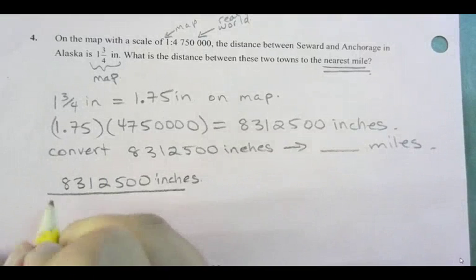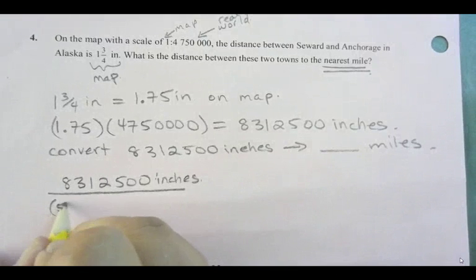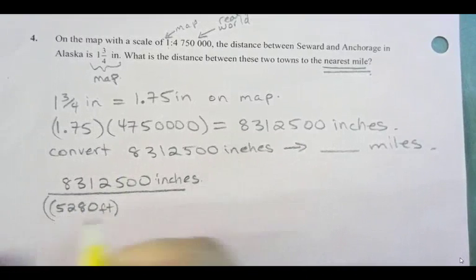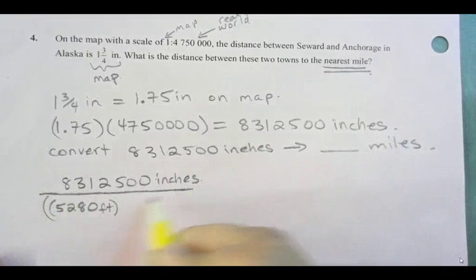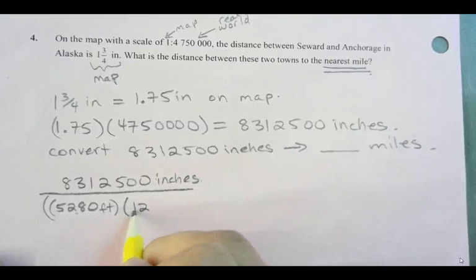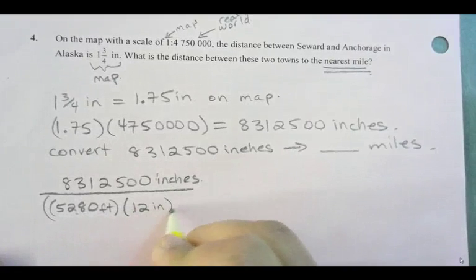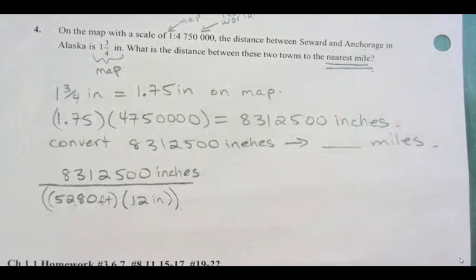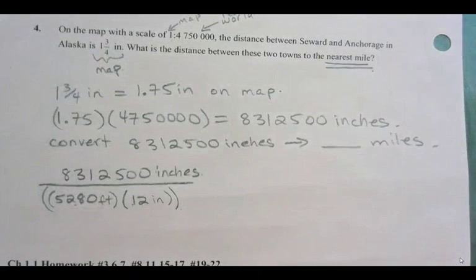And then if I have feet, I'm going to divide by 5280. That's how many feet. Can I do all the multiplying in here so that it's in one step? And then I could multiply this by 12 inches. And I'm going to double bracket it so that all that stays in my denominator.